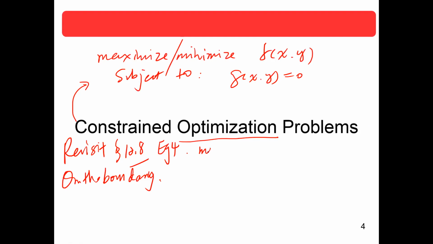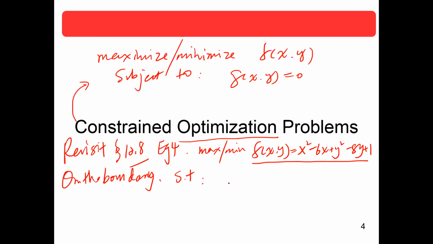So we're trying to maximize or minimize f of x y, which is x squared minus 6x plus y squared minus 8y plus 1. That is the target function you are maximizing or minimizing. The points on the boundary are subject to the condition that they must be on the unit circle, x squared plus y squared equals 1.